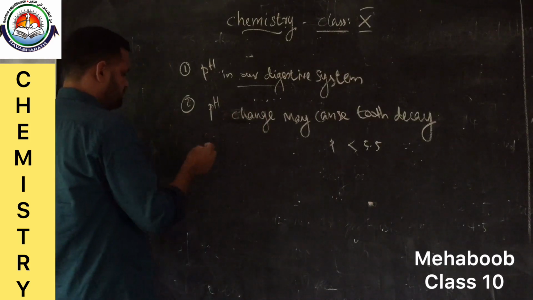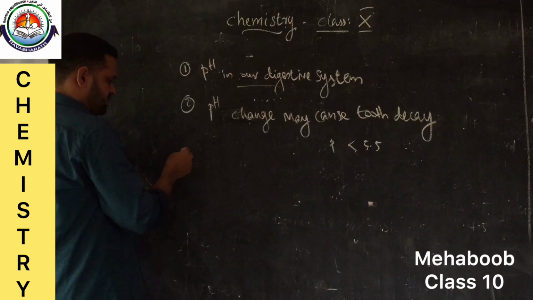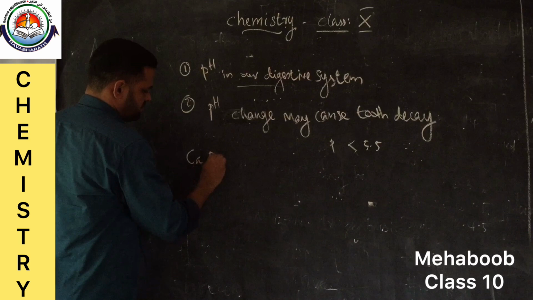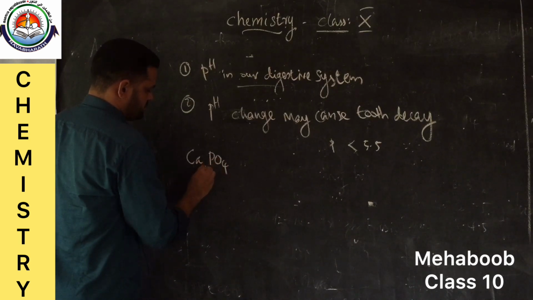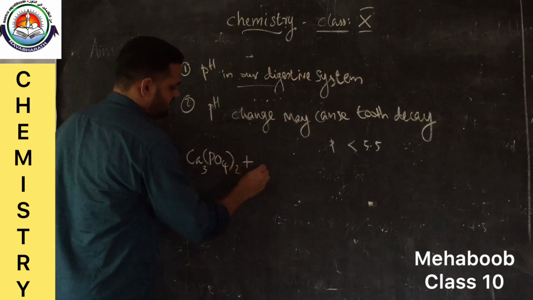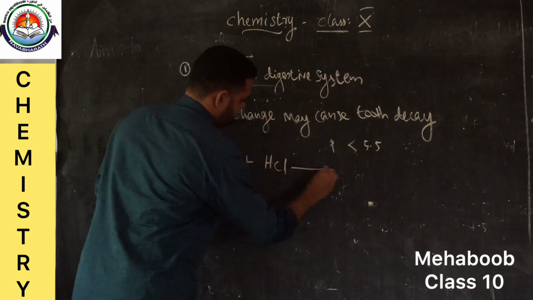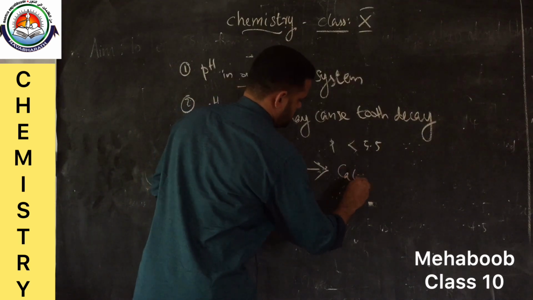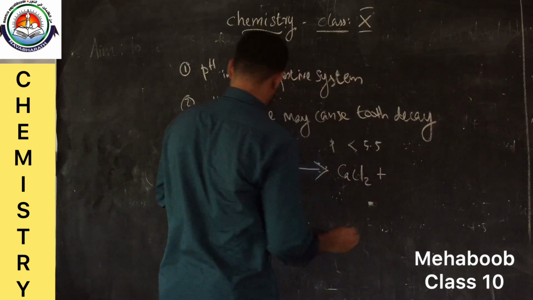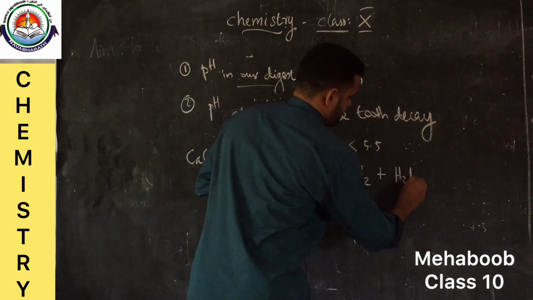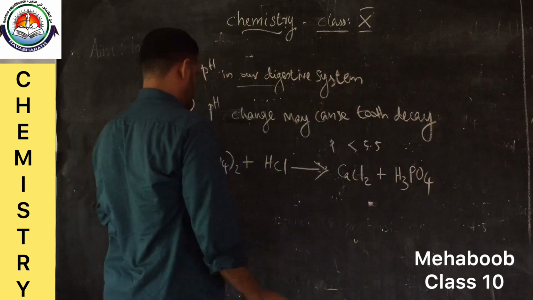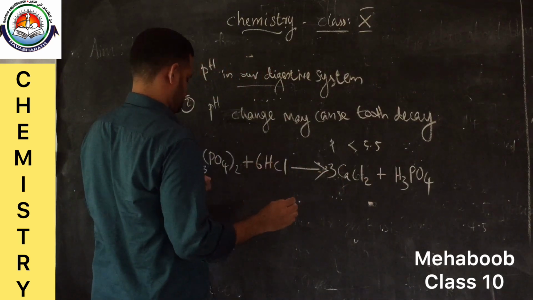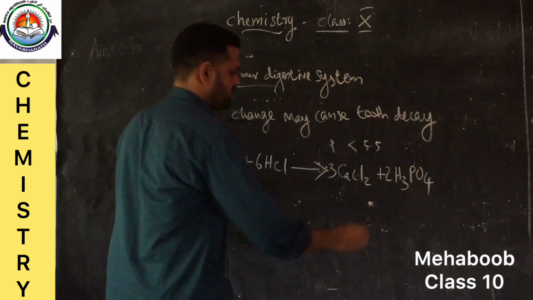So what is happening there? What do the teeth contain? They contain enamel, that is calcium phosphate, Ca3(PO4)2. It reacts with the acid HCl and forms, plus, this is called phosphoric acid.